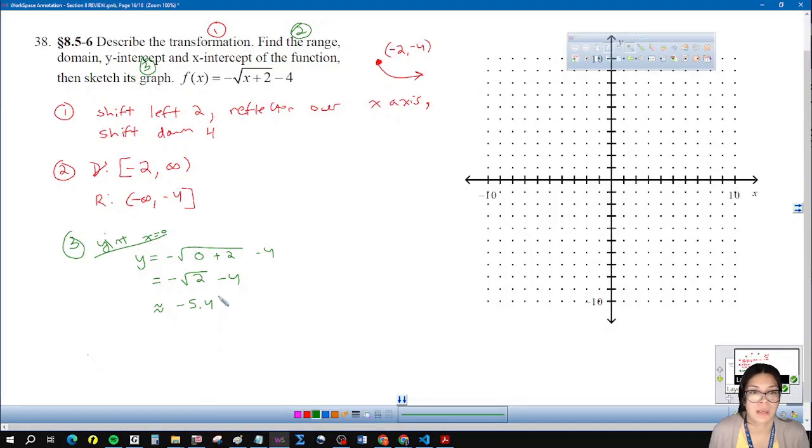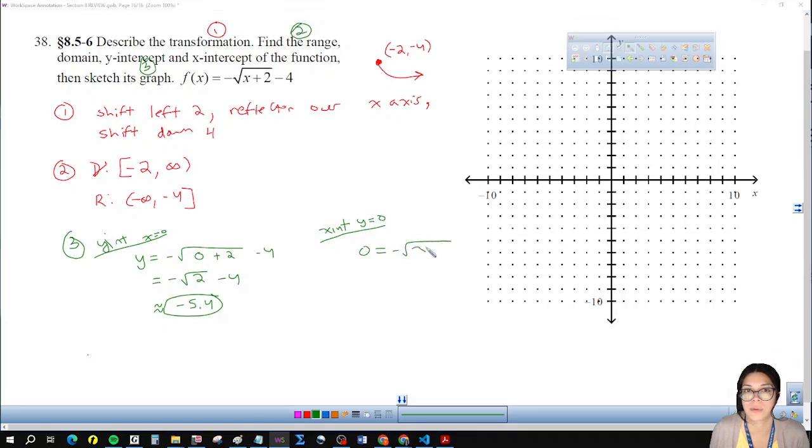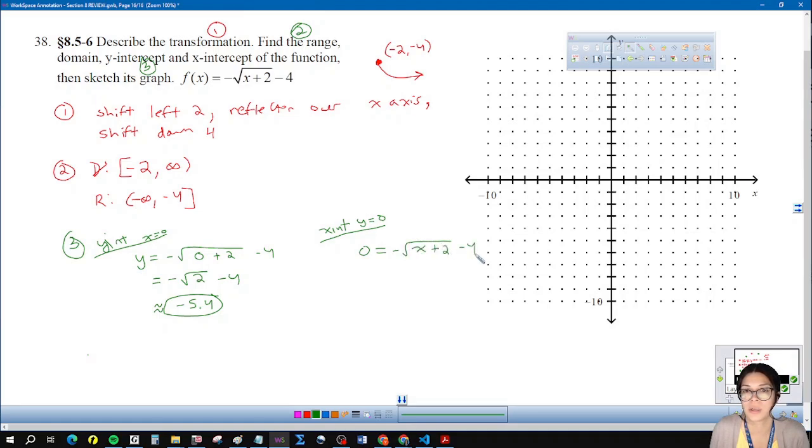Okay. For the x-intercept, we're going to do the reverse. We're going to set y equal to 0 and solve for x. So 0 equals -√(x plus 2) minus 4. Start by adding 4 to bring the constant to the left side. Then that -1 in front is multiplying, so we want to divide to get rid of it.